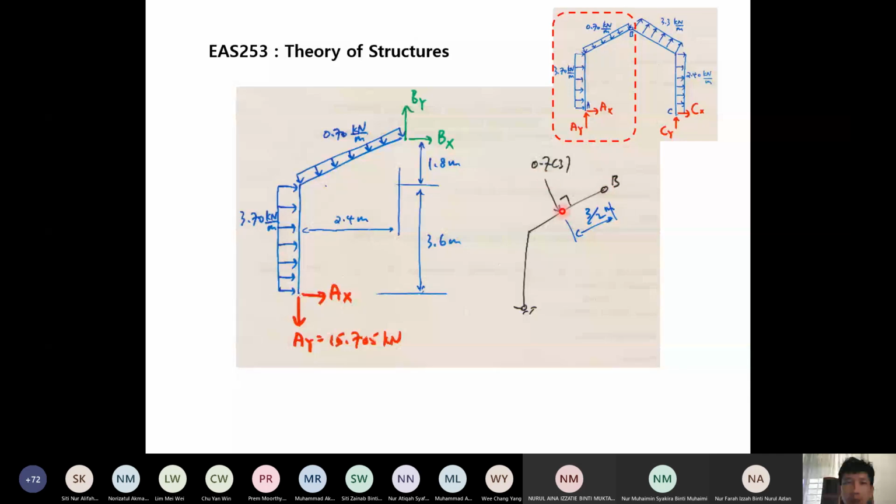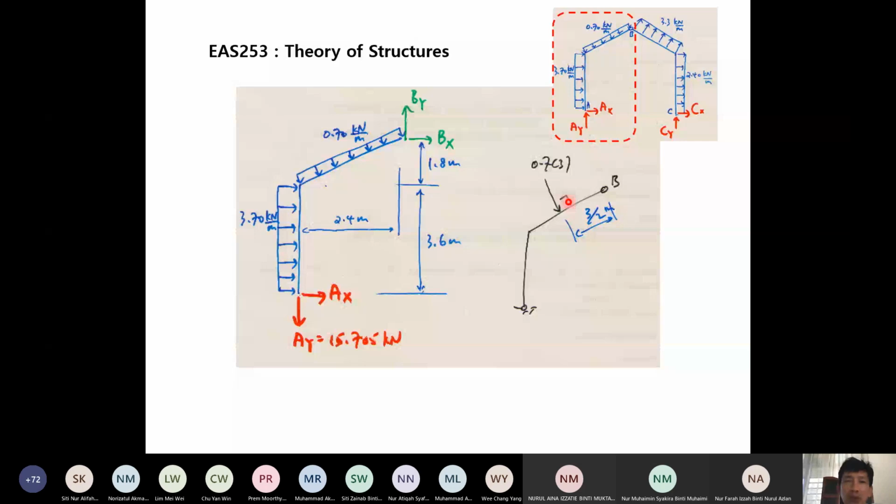Here I can use perpendicular distance directly to be half of this length, because this is acting 90 degrees to this member. So this half of this length becomes the perpendicular distance for this force to point B.